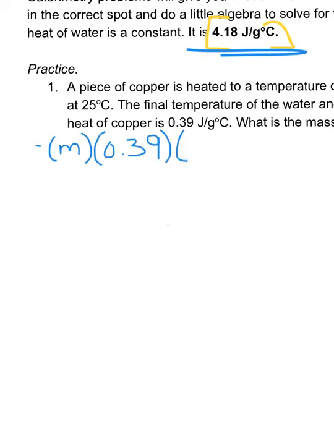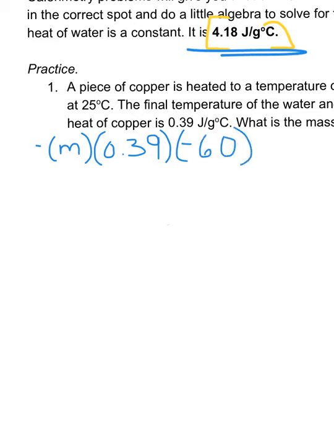Our initial temperature was 91 degrees, final temperature 31 degrees. So we're going to have to subtract final minus initial. 31 minus 91 comes out to negative 60.